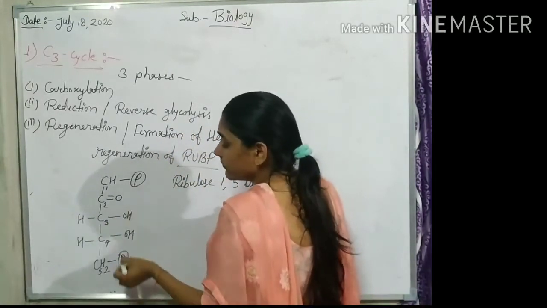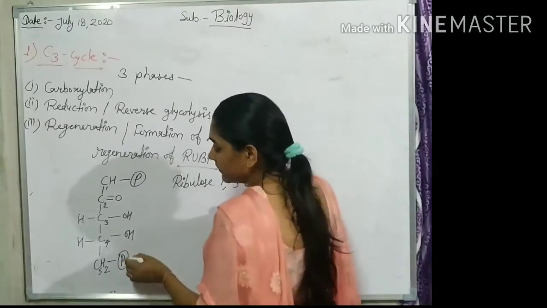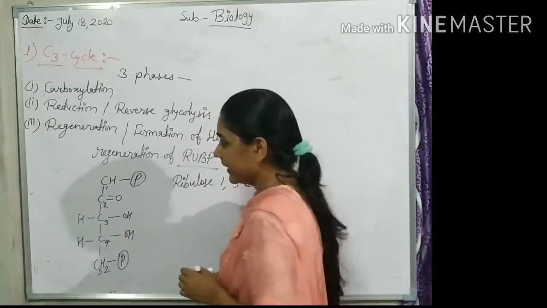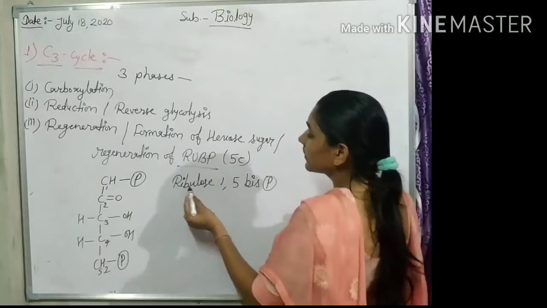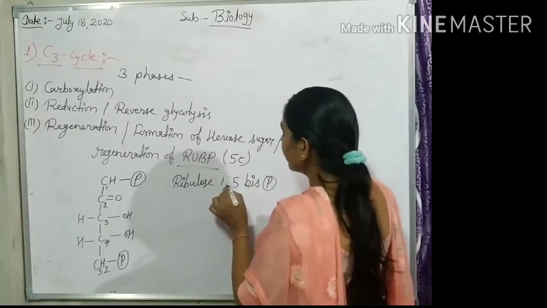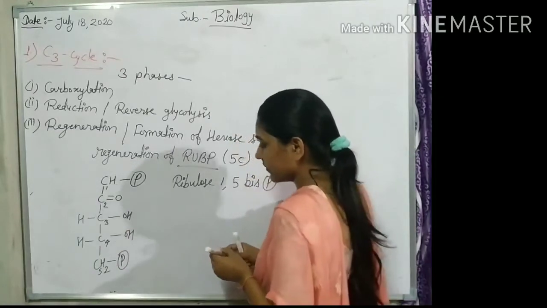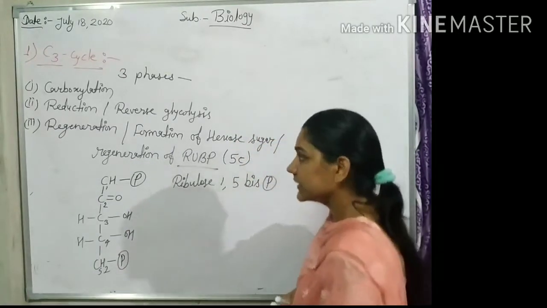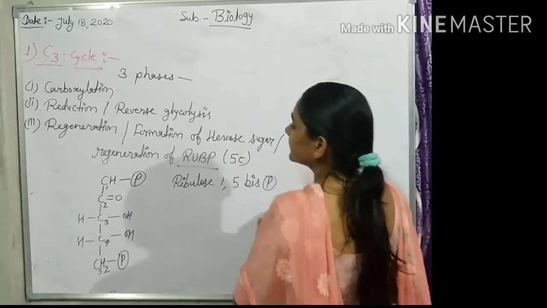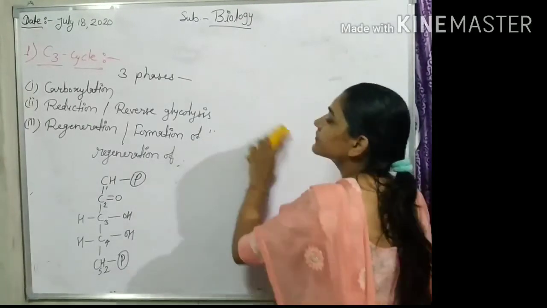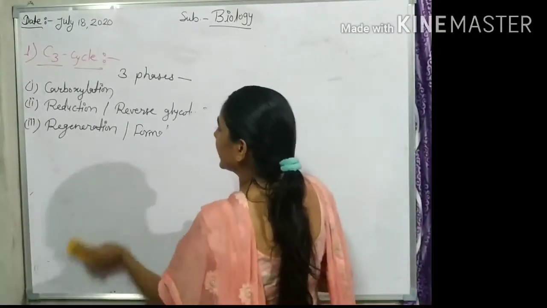At the first and fifth carbon positions a phosphate group is added. The name is ribulose 1,5-bisphosphate. Okay, let's see. Cyclic process.